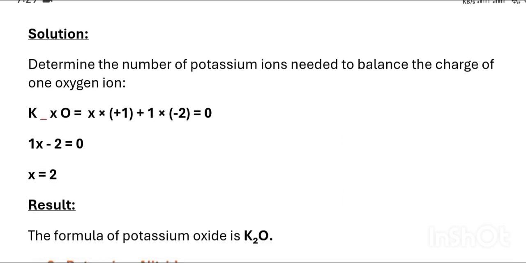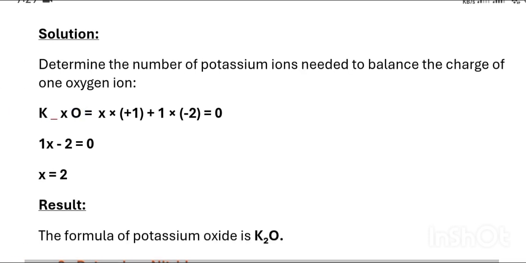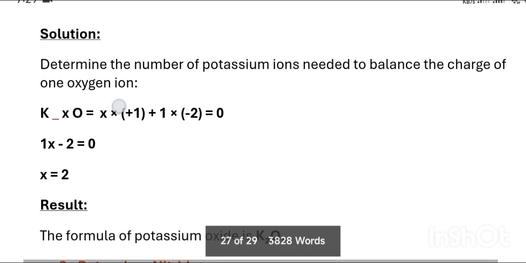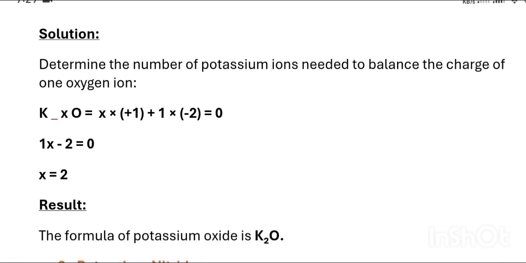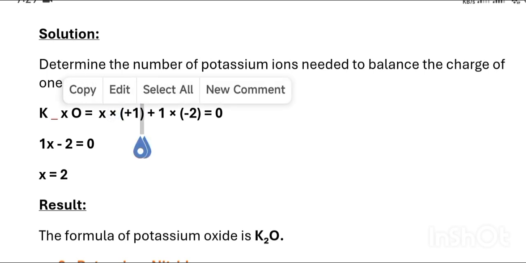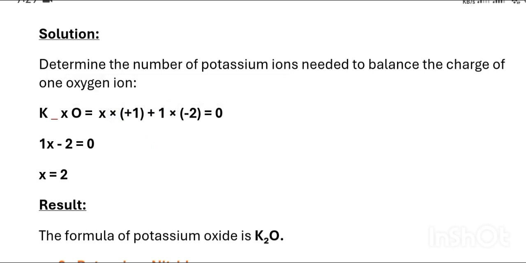Determine the number of potassium ions and balance the charges on both the atoms. So we will write K with a subscript x, multiplied with oxygen. X is unknown, because it is not known which value should be put here. So we will multiply it with +1 because it is the charge of potassium, +1 because we have one oxygen atom, and multiply it with the charge of oxygen, that is -2, and set it equal to 0.